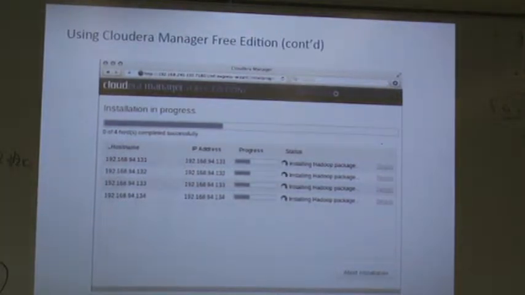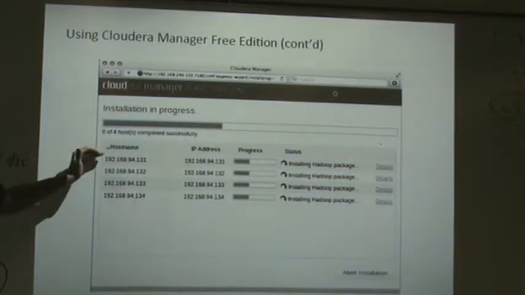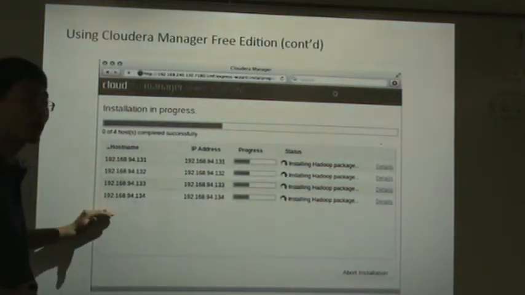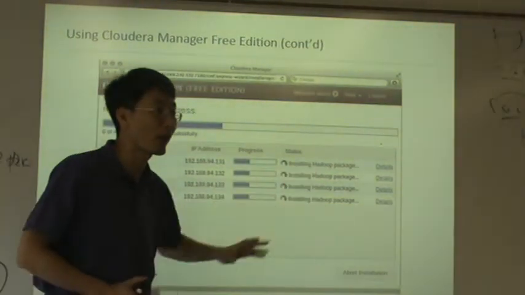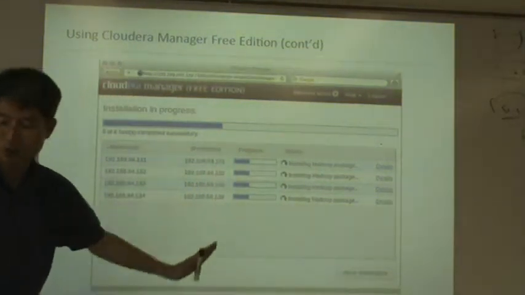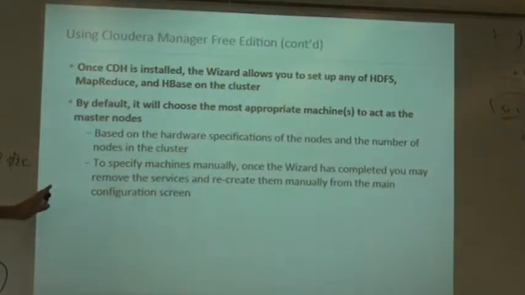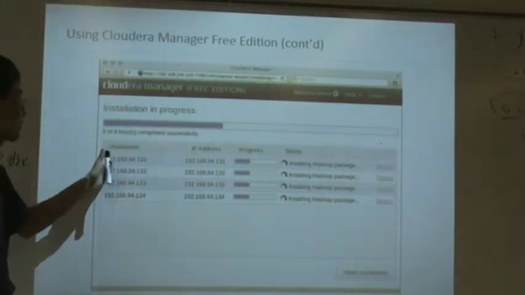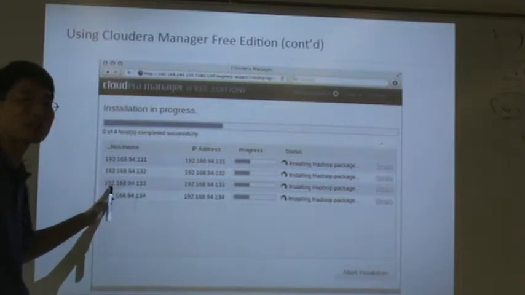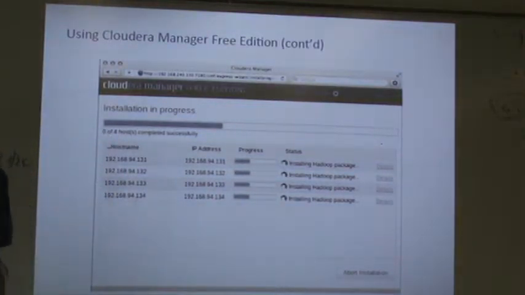So this is the screenshot of the CM. You can see it automatically recognizes the computers connected, and so first it installs the entire Hadoop package through the network. Then it will automatically select, I do not have the screenshot for that, one of these nodes as a master.